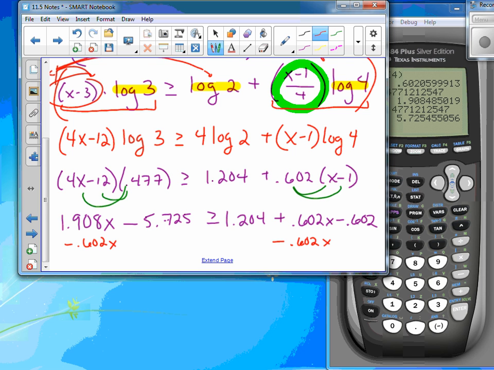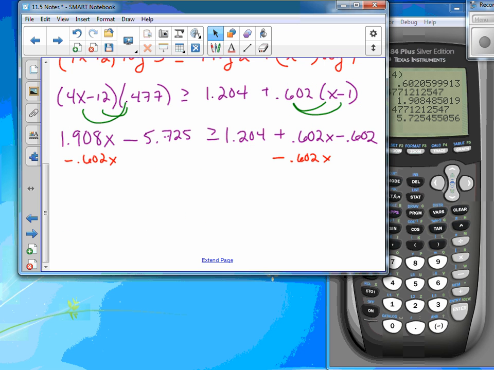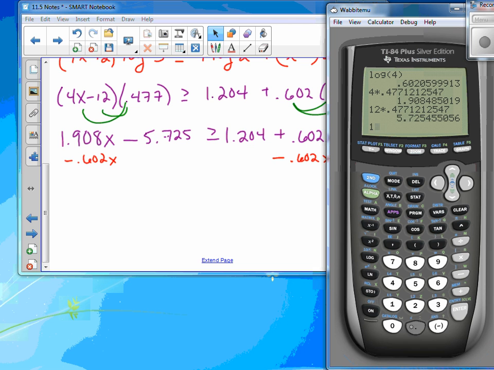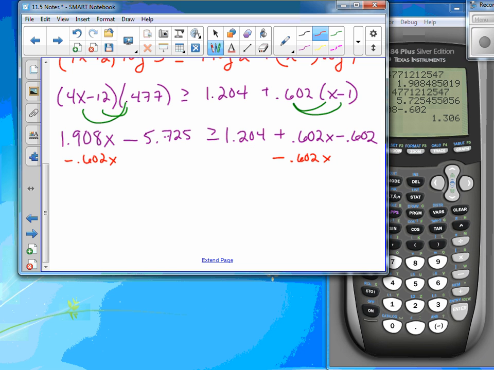I know this is a lot, I'm sorry, but it's just a really long algebra problem, really. I mean, once you get past the log property part, there's not much to it. It's a lot of rearranging of some things. So we get 1.306.